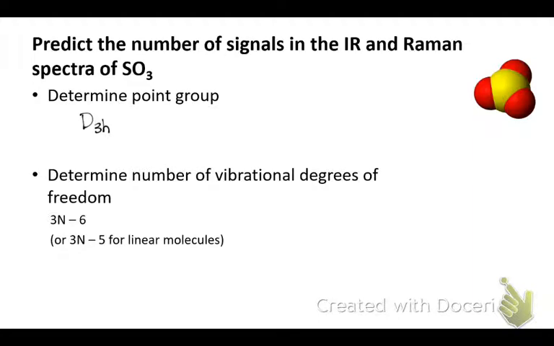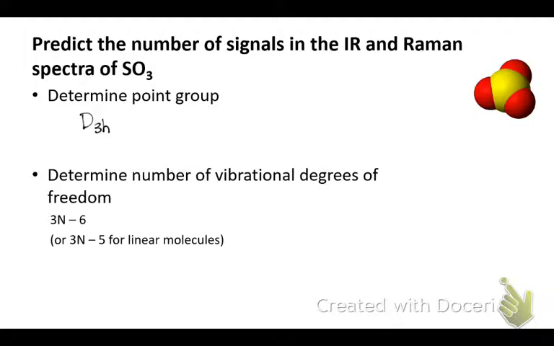The number of vibrational degrees of freedom is equal to 3n minus 6, where n is the total number of atoms. In the case of a linear molecule, that would be 3n minus 5, because that infinite rotation axis sort of takes away one of the degrees of freedom.